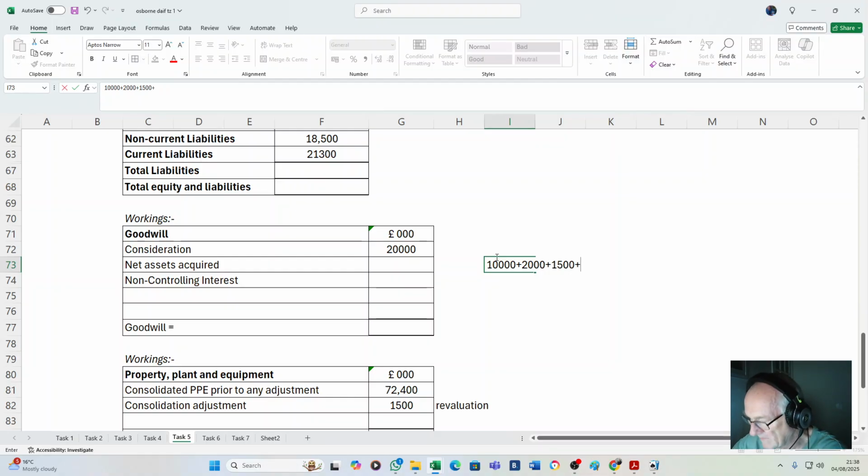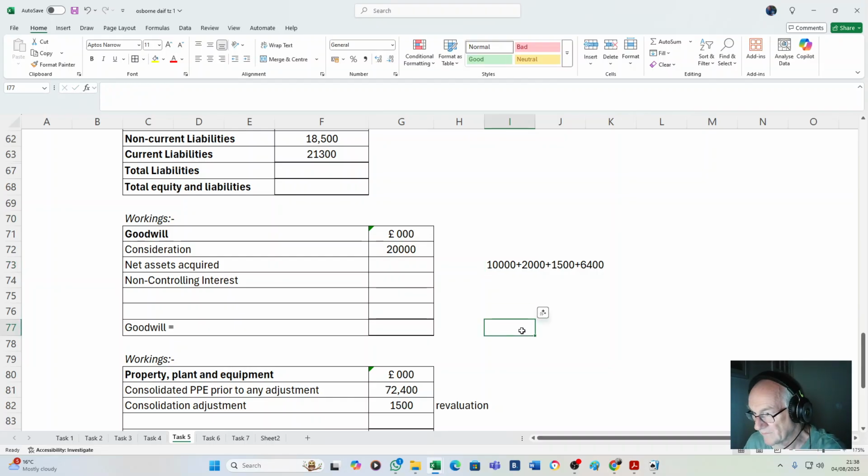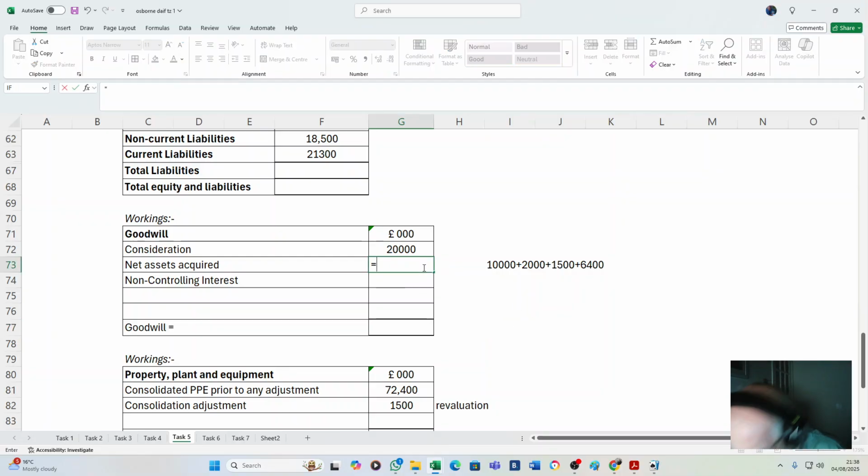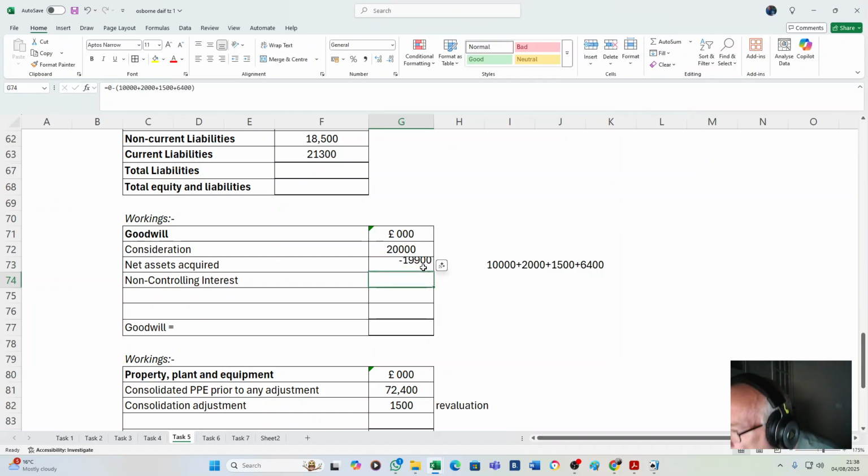However, we've got to remember it's the retained earnings at acquisition. So if I type that out again, easy to make mistakes here. $90,900.